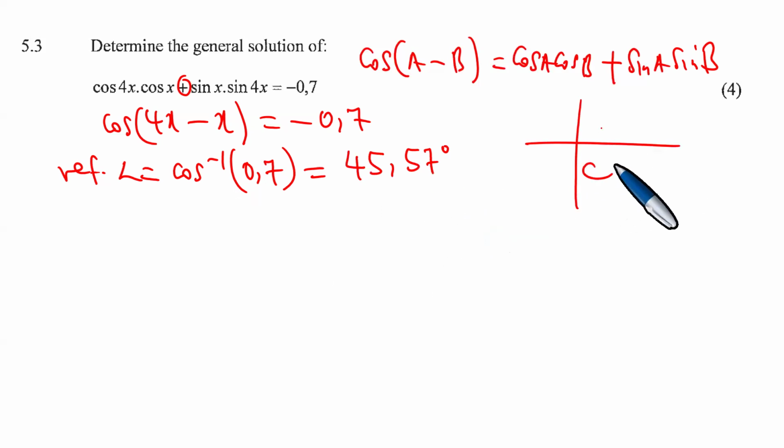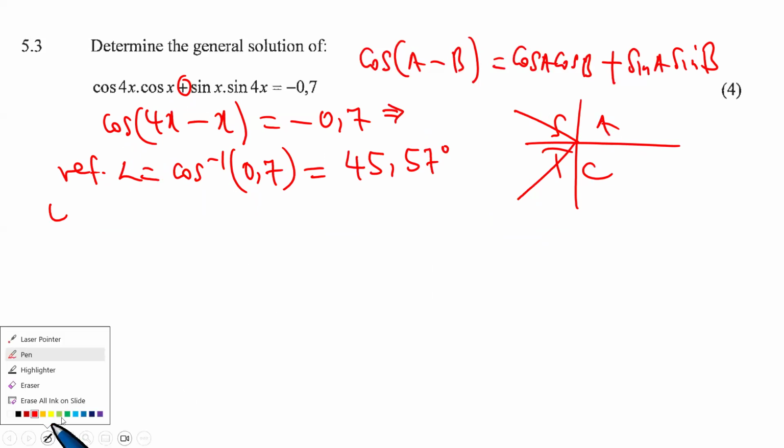Now at this point, remember our Gauss diagram. So the cosine is negative. Where is it negative? It is negative in the second quadrant, but it's also negative in the third. There's something you can do here.